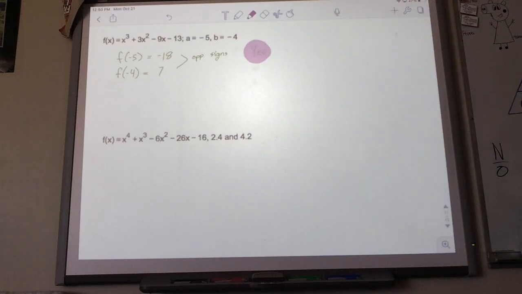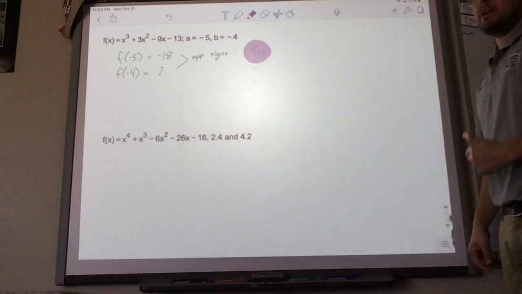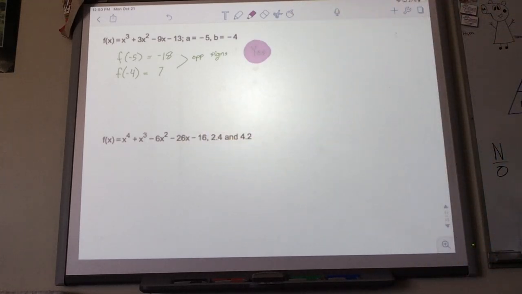Okay, so same thing on the next one. If we store 2.4 as x and then type this in, we get a positive or a negative, and then store 4.2 as x and get a positive or a negative, we will know if there is a 0 between those. The first one is negative, and I believe the next one is going to be a positive 154.